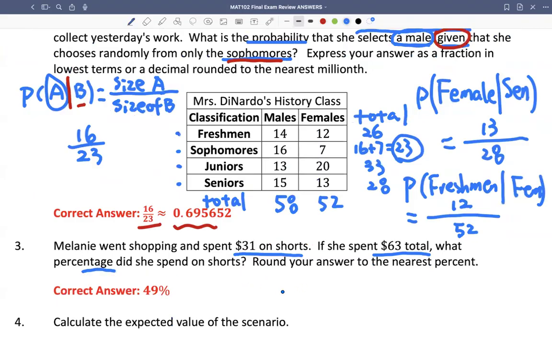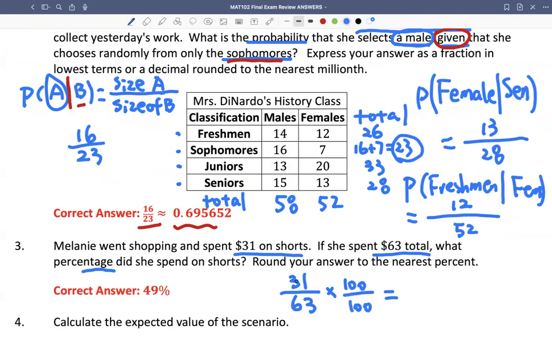Well, percentage means the total is in the denominator and what I spent on shorts, $31, is in the numerator. Then we want to convert this into a percentage, so we multiply by 100 over 100, which is multiplying by 1.